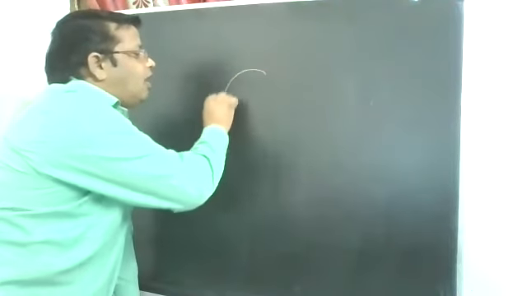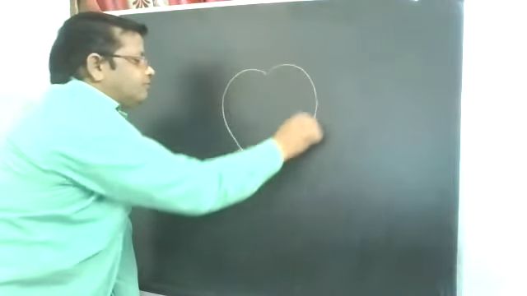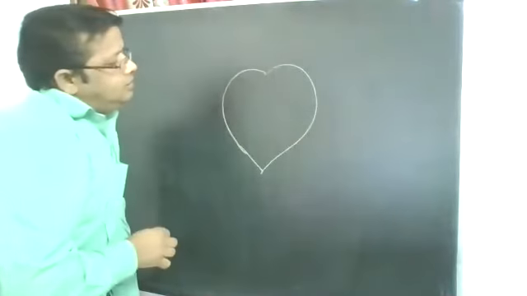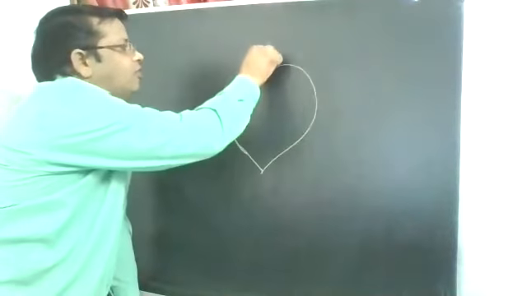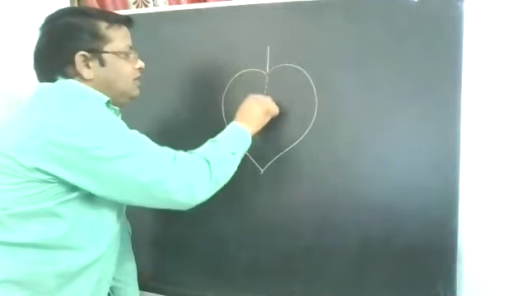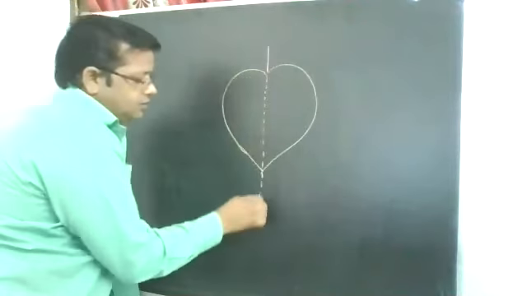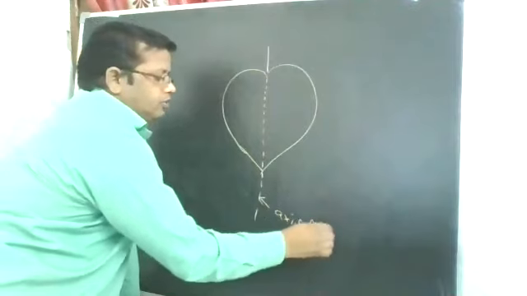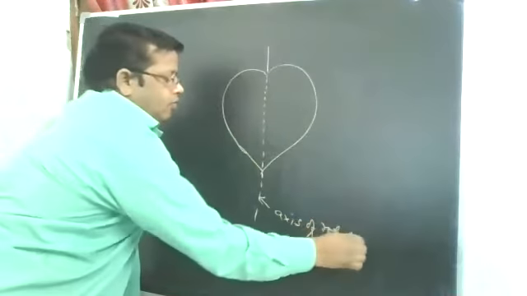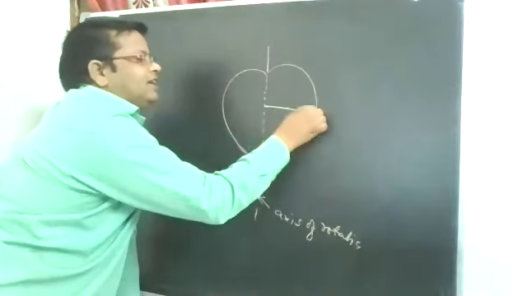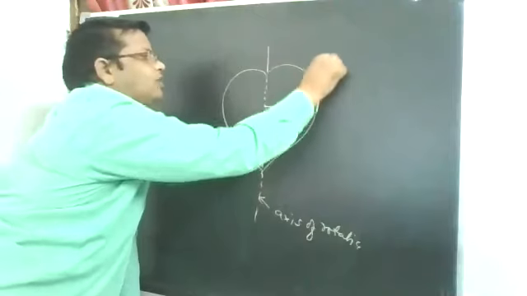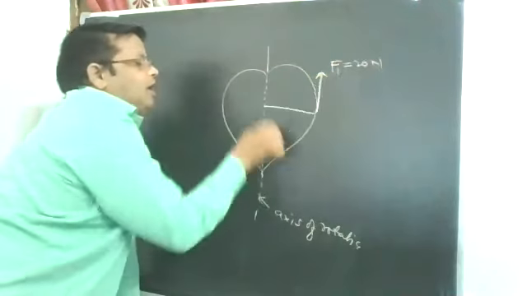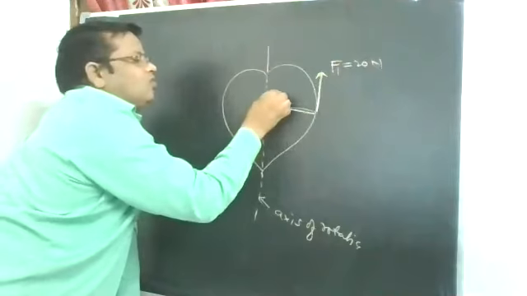If this is any body and this is the axis of rotation, one force is acting here in this direction, F1. This is 20 Newton. And what is this distance? 2 meter.